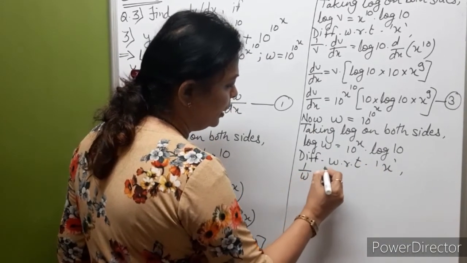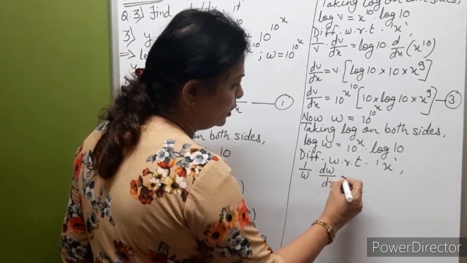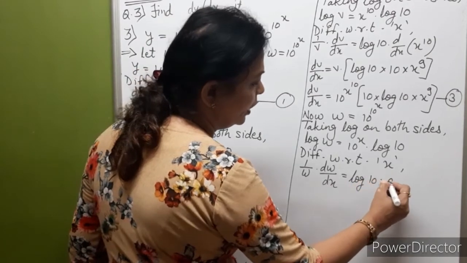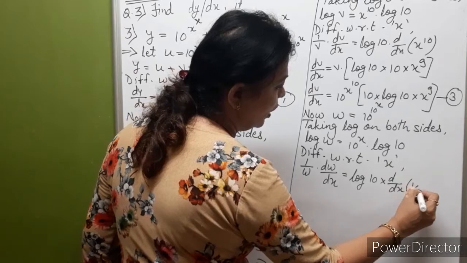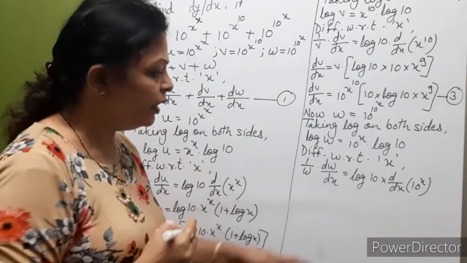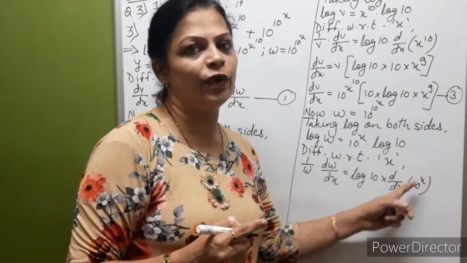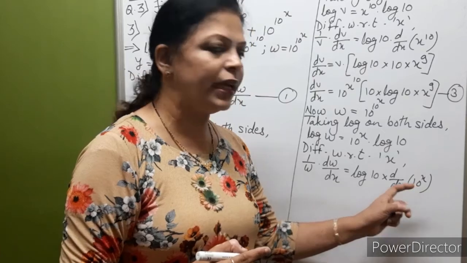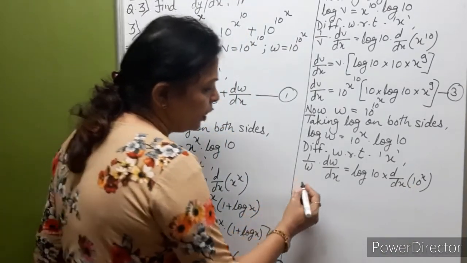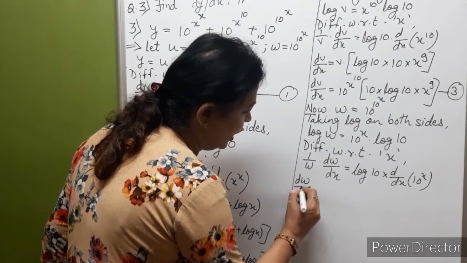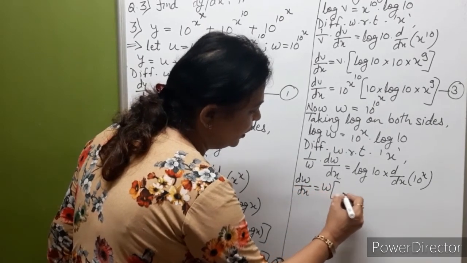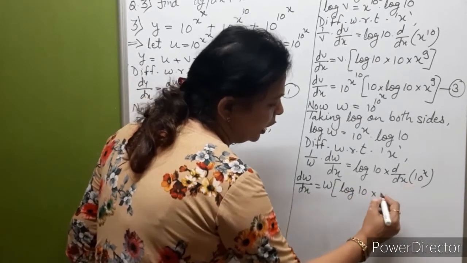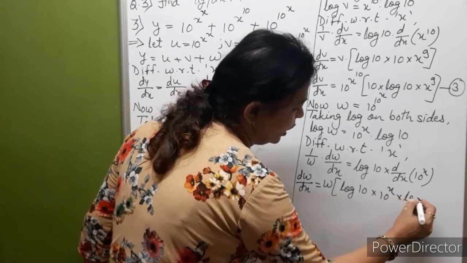1 upon w into dw by dx is equal to, log 10 is constant, so we'll write here, and d dx of 10 raised to x. Now what is the derivative of 10 raised to x? It is your a raised to x formula. That is a raised to x into log a. Now your a is 10. So into log 10 you will get. So dw by dx is equal to w into log 10 into 10 raised to x into log 10.